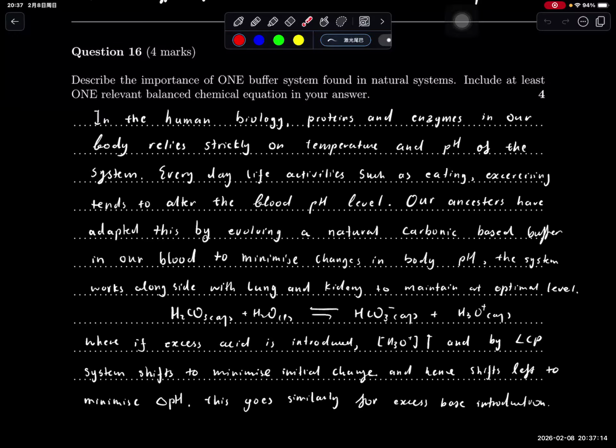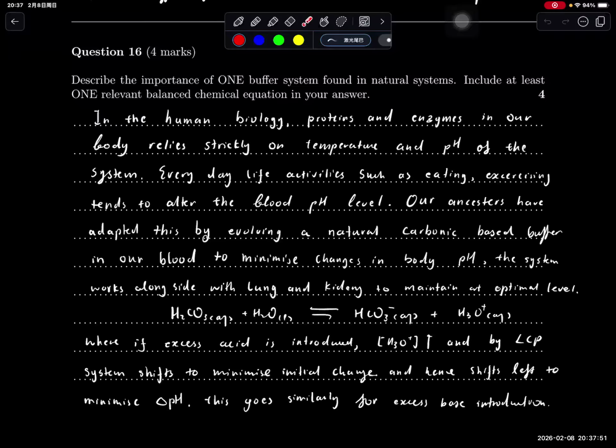Our ancestors, meaning billions or millions of years ago, not the monkeys in the forest, like the first few animals that went to land from water, worked out a way to balance their pH level. It's like natural selection. The animals that did not know how to balance the pH in their blood died. So there's a little biology here.